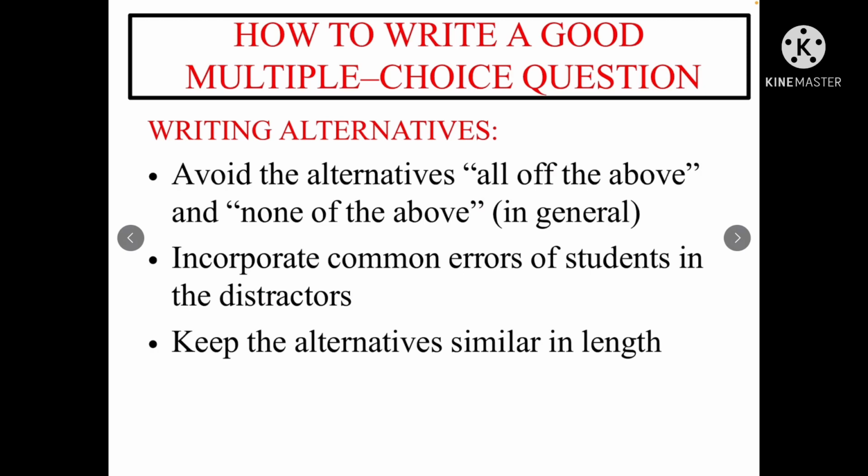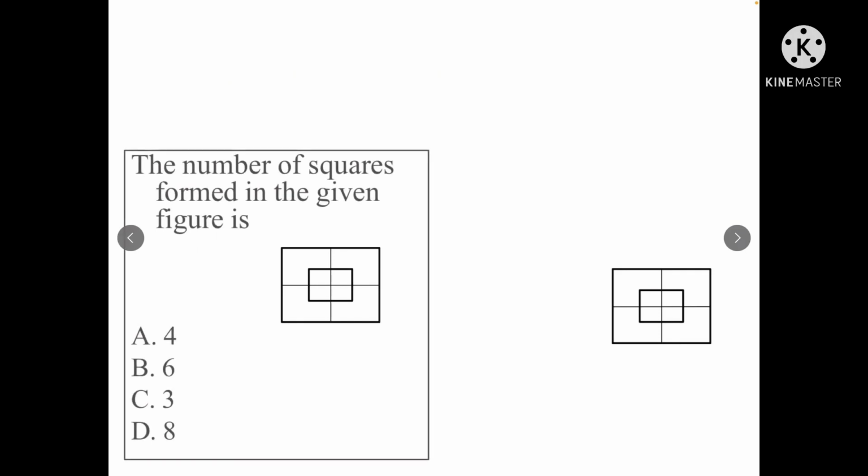Friends, let us consider a question. Here, the question makers expect students to choose the answer 8 for this question, but it's not correct, as more squares can be formed by counting the main squares inside which the smaller squares exist.